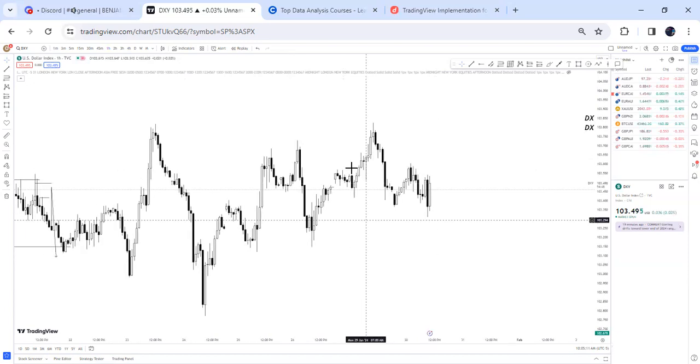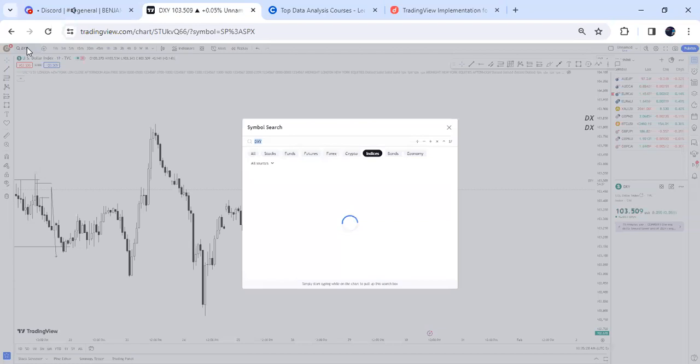Now let's go to EU and see the kind of price action that we are going to have on EU. Remember, we said that DXY and EU have a negative correlation. So let's look at EU and see what price action we are going to have on the 1 hour.